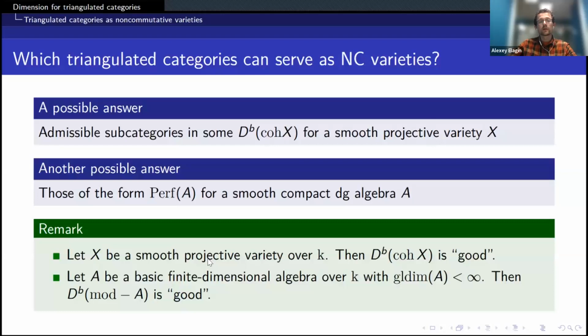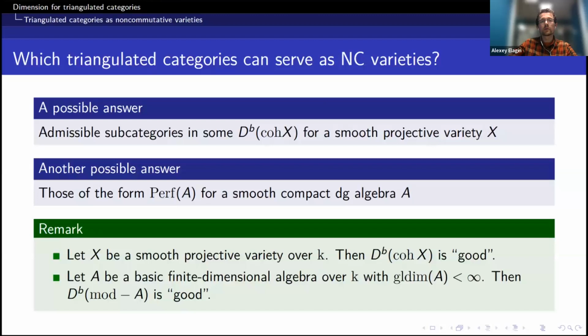So categories of the second type are good in the sense of the second answer, more or less for trivial reasons, and in the sense of the first answer by a result of Orlov about geometric realizations of DG categories. So normally I will think that a good category is a category of the form perfect complexes over some smooth and compact DG algebra, and I will refer to this as good.